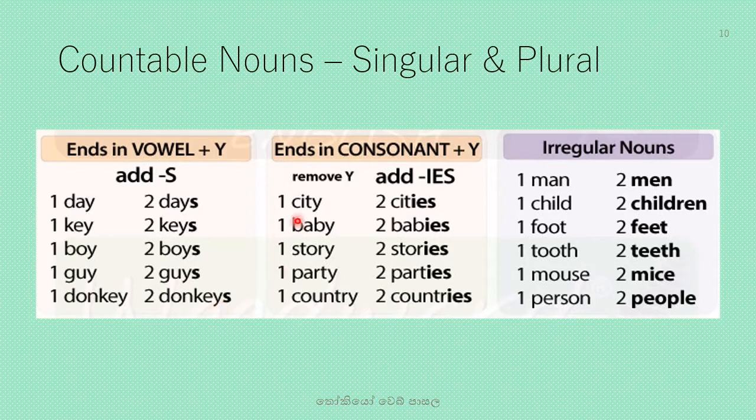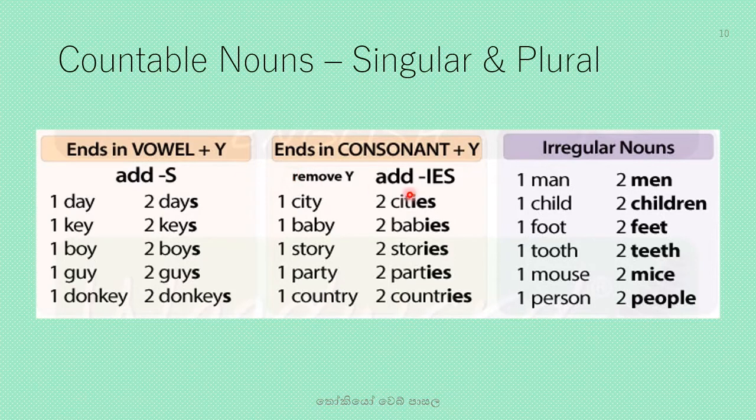The next type is words that end in consonant plus Y. Previously we looked at vowel plus Y. Now we are looking at consonant plus Y. I hope you remember what a consonant is. A consonant is any letter in the English alphabet except the vowels. We have 21 consonants.